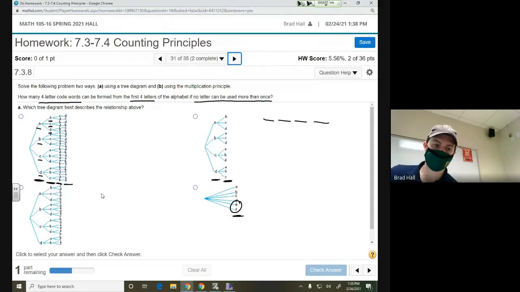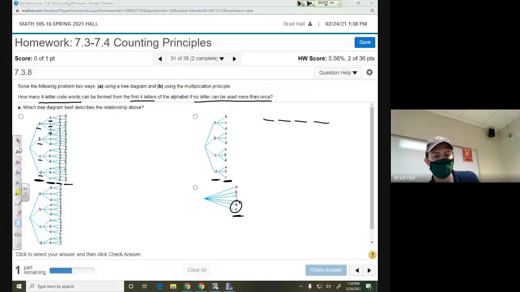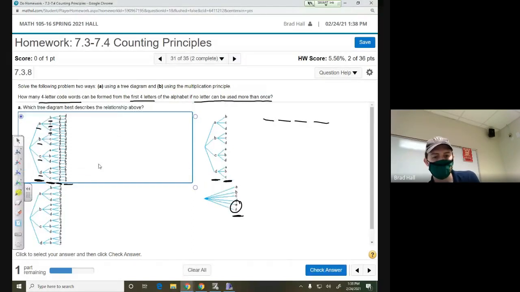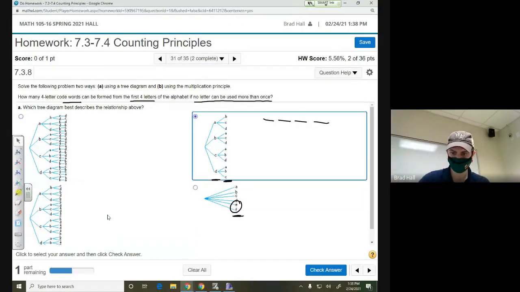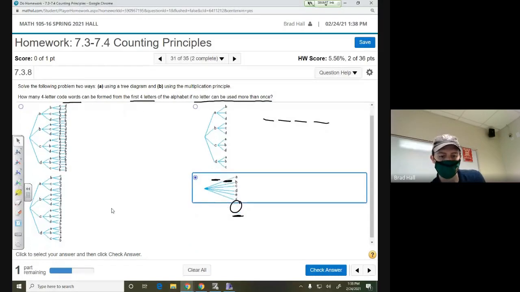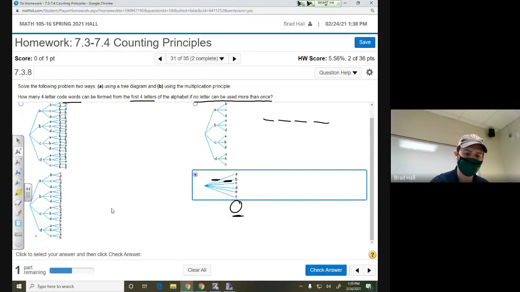And the last one says you're only picking 3 letters, so that can't be right either. We're picking 4, which means there would be 4 columns in our tree diagram.